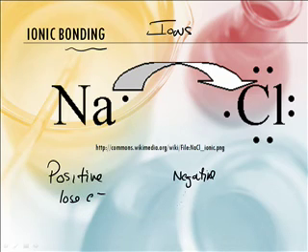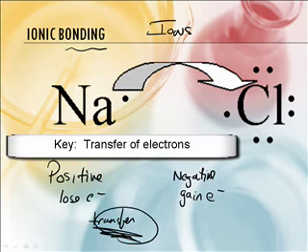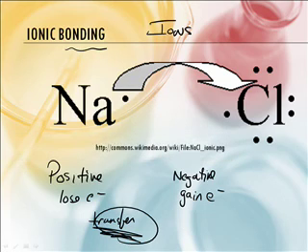So when we build an ionic bond, we take two elements, and one of them loses the electron and gives it to the other one, so there's a transfer of electrons. An ionic bond happens when there's a transfer of an electron from a metal atom to a non-metal atom.